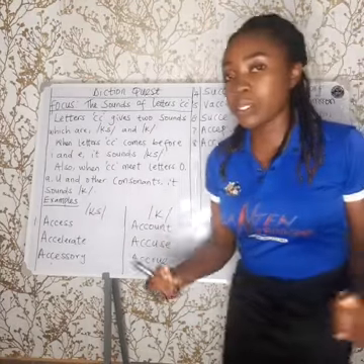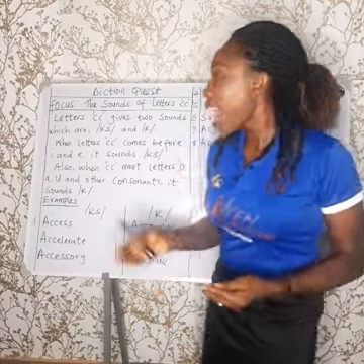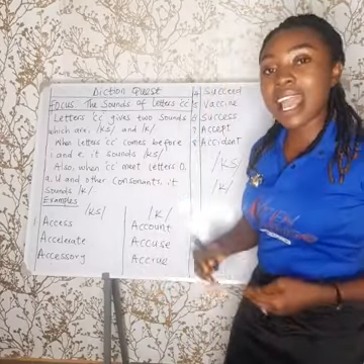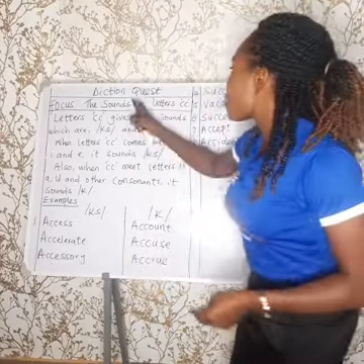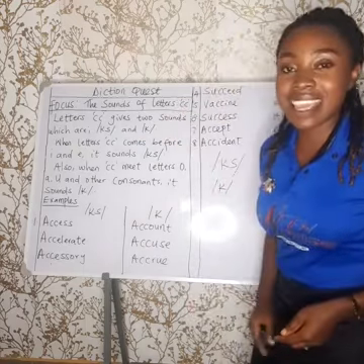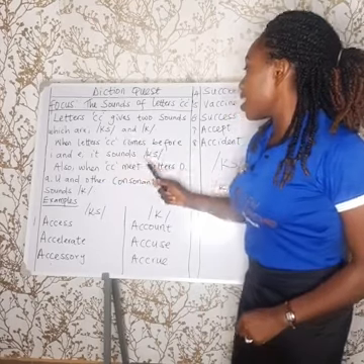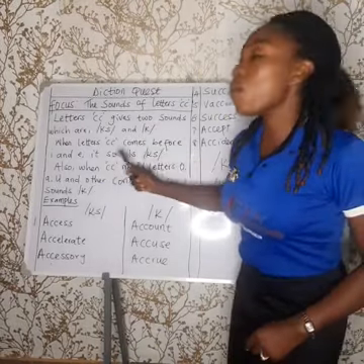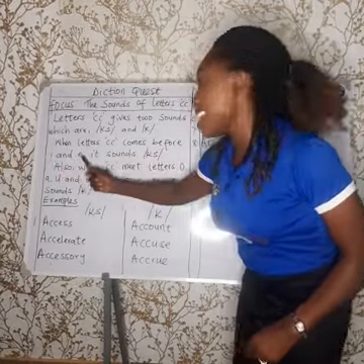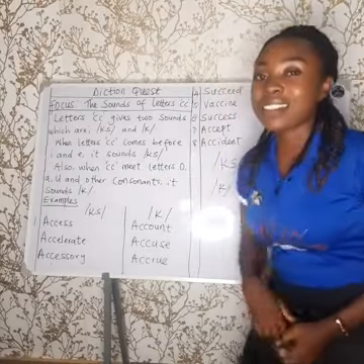Now, there is a rule to know when to sound X and when to sound K with letter C. The first rule says: when letter C comes before I or E, then it sounds what?